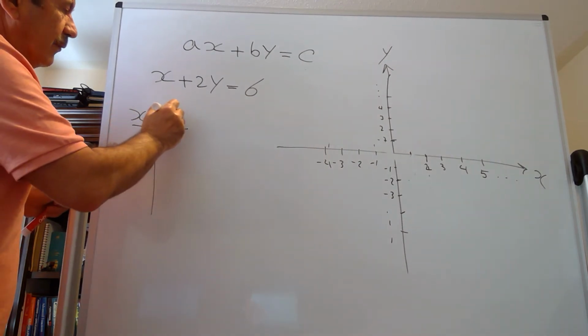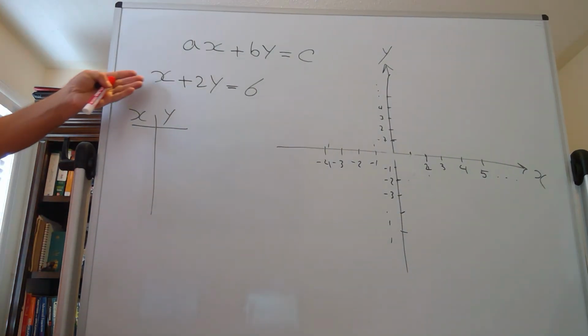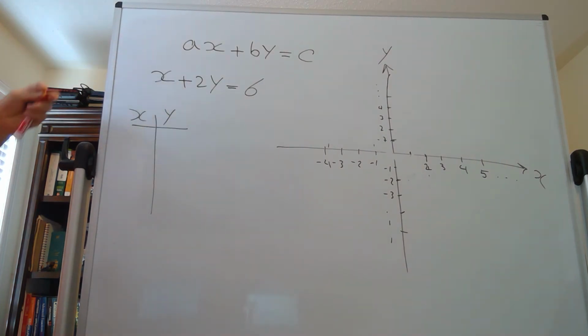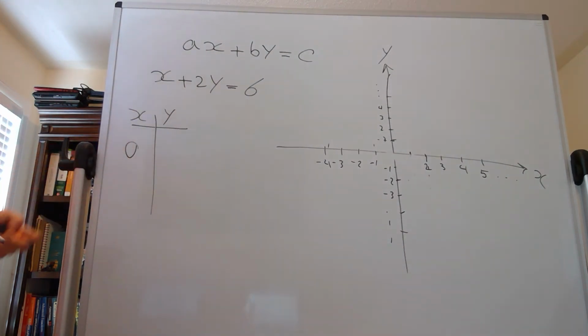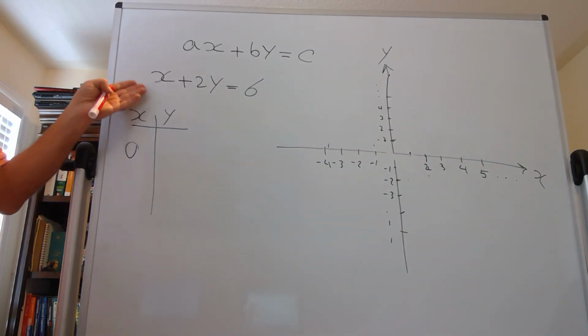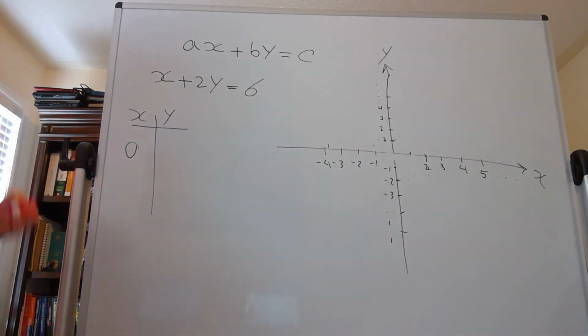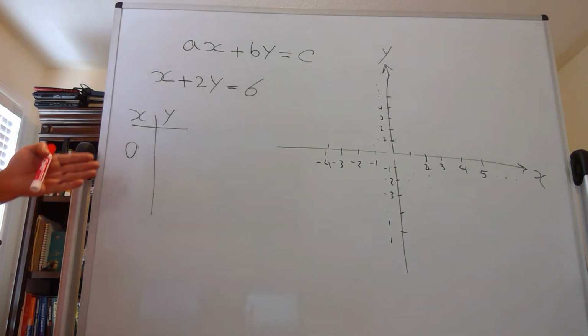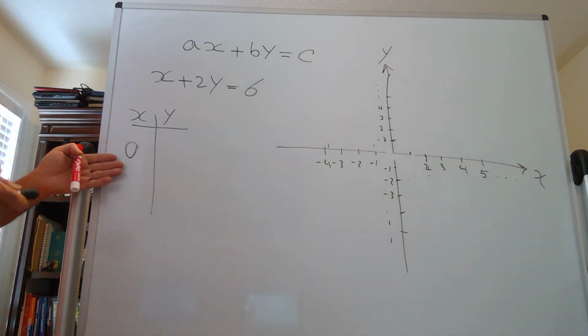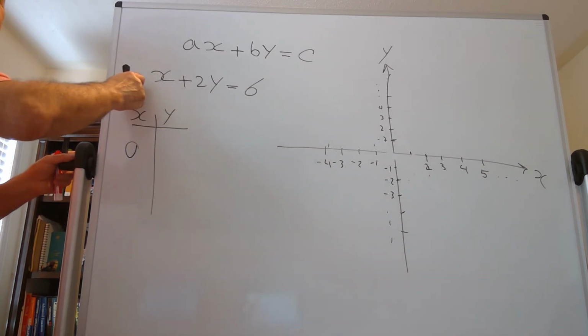If I give 0 for x, remember I can pick any value for x. 0 is mostly, not always, one of the values that is easy to pick because it eliminates one of the variables.